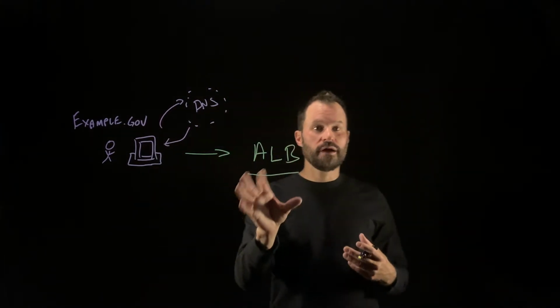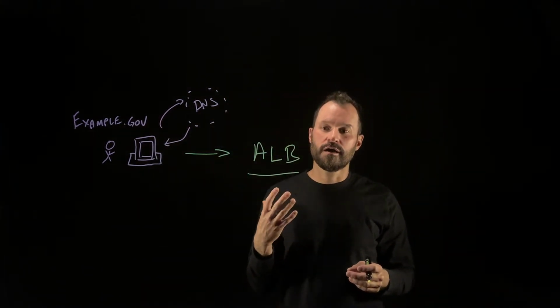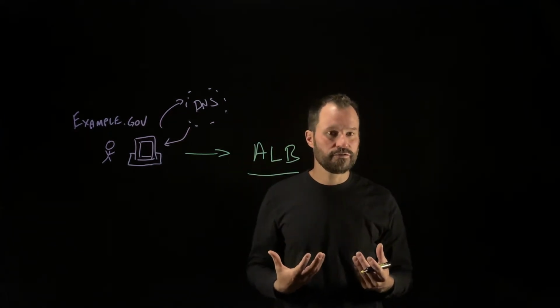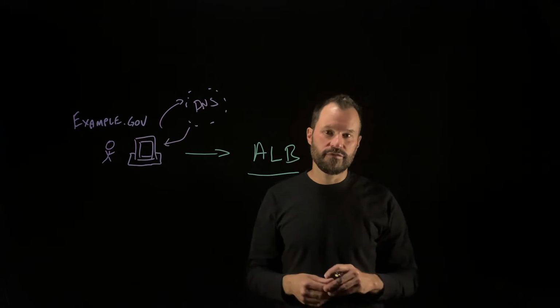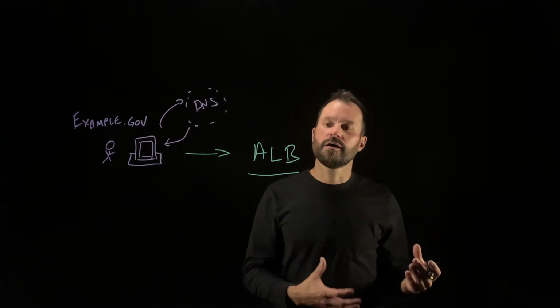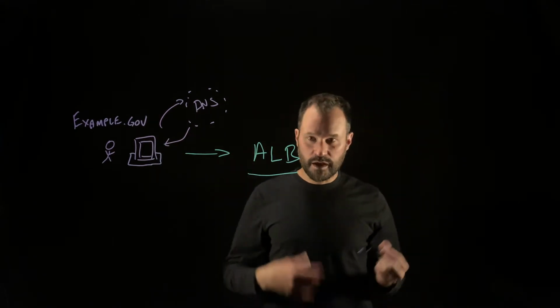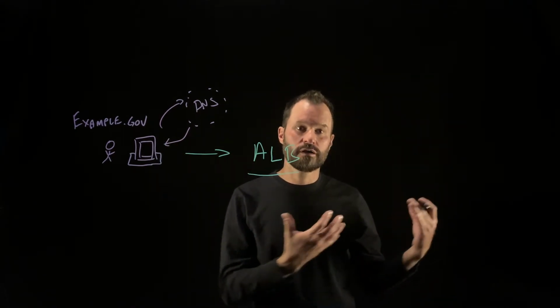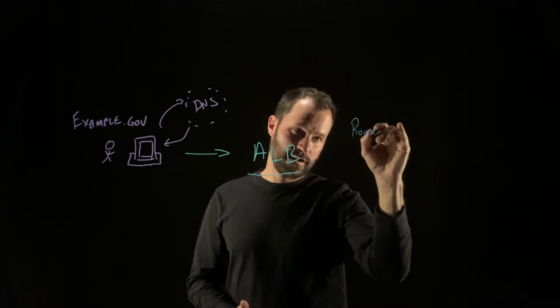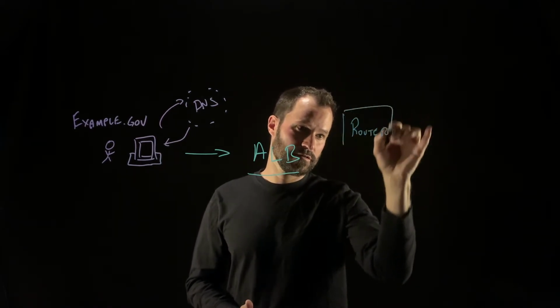Now this is a load balancing component. You may have heard Amazon's previous versions of these called elastic load balancers. But this is a piece of infrastructure from Amazon that we configure and set up. It's load balancing across our Cloud Foundry routers, and from here on out, everything is inside of Cloud Foundry.